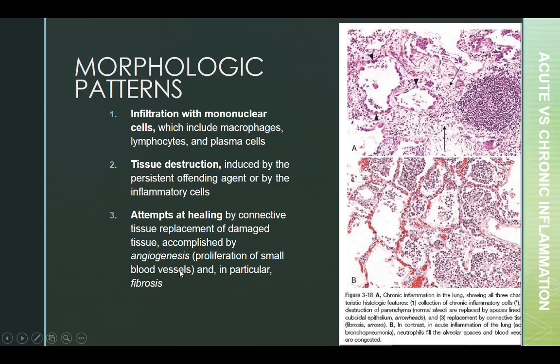There is also angiogenesis, with proliferation of small vessels. These are the things we can see in chronic inflammation.